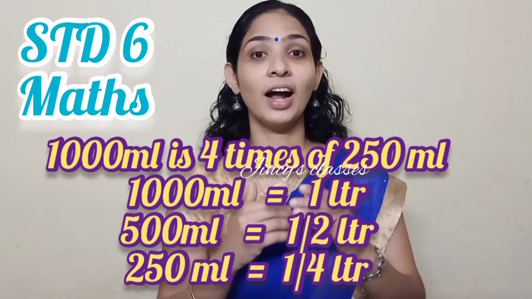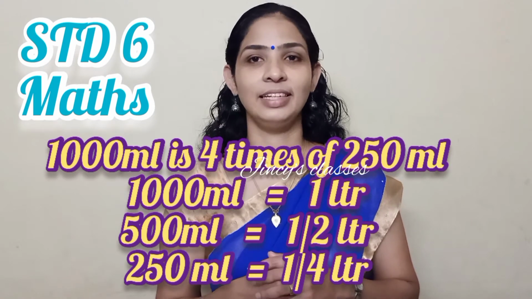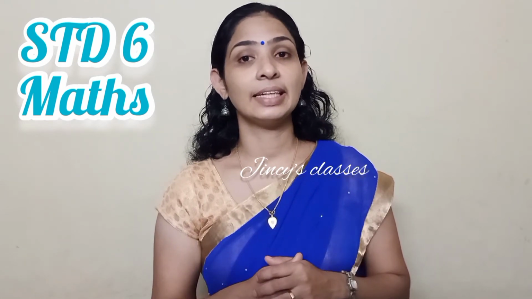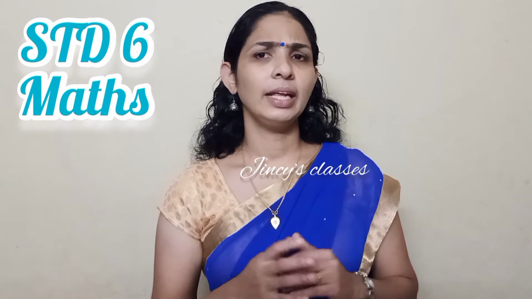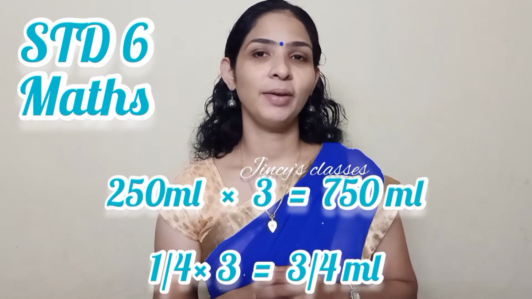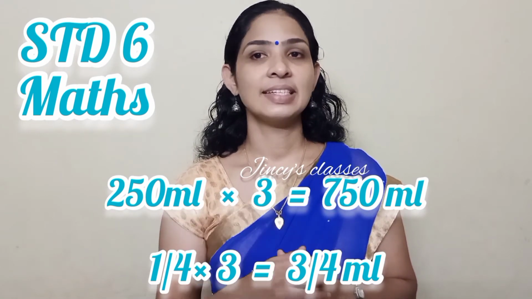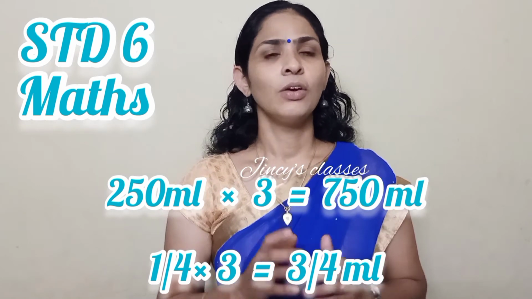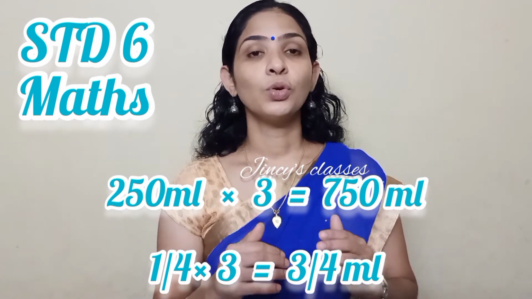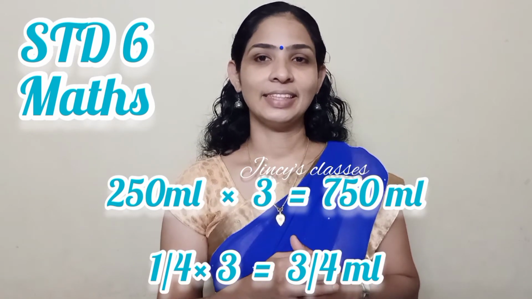Yes, 1/4 liter. That is 1 by 4 liter. If we calculate 3 times 250 milliliters, how much is it? Yes, 750 milliliters. That is, 250 into 3, we get 750. We already know that 250 milliliters is the quarter liter.